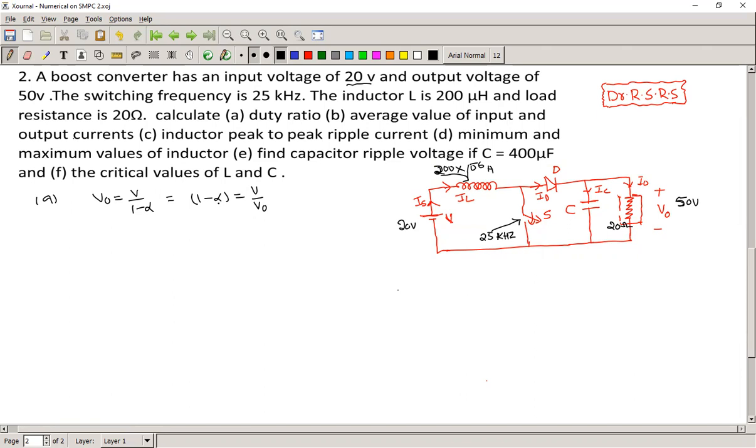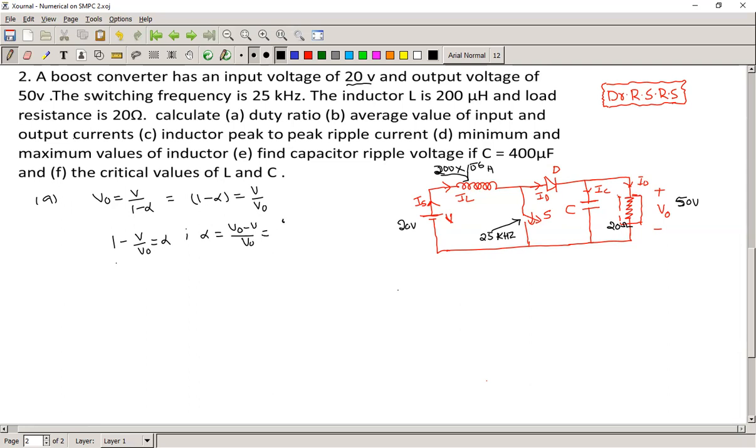So we have to find alpha: 1 minus V by V naught equals alpha, that is, alpha equals (V naught minus V) by V naught.